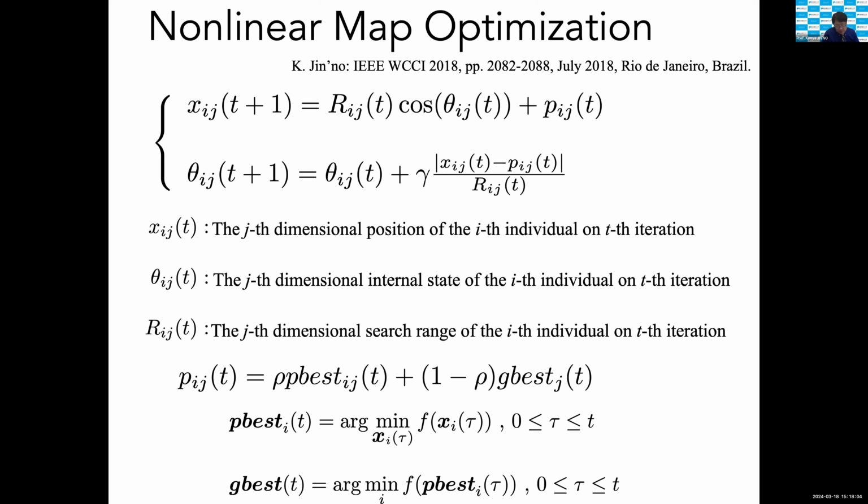In this system, the local search area can be determined by the parameter Rij, and how to search inside it is determined by the nonlinear mapping in the equation below.